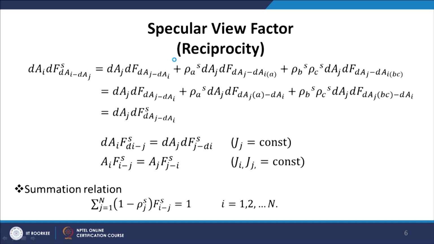So, our specular view factor can be written as multiplied by dAi and, applying the reciprocity theorem, dAj dF dAj, this is direct, this is between Aj and the first image between Ai and mirror A, and double reflection; again we have applied the reciprocity theorem.